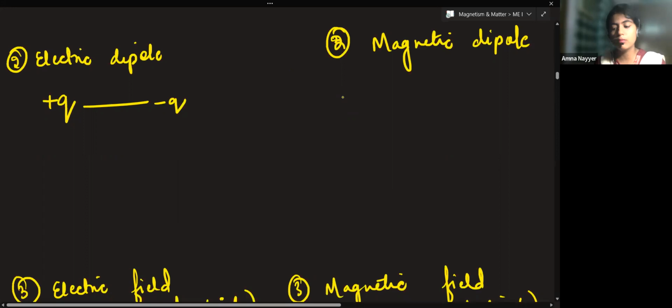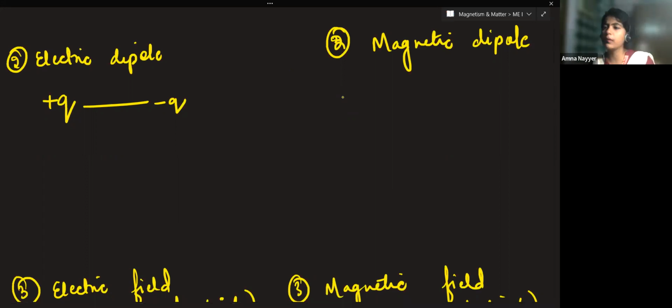Plus 2 coulomb, so minus 2 coulomb. Plus 3 coulomb, so minus 3 coulomb. Minus 3 coulomb and minus 3 coulomb cannot make your dipole. Plus 2 coulomb and plus 2 coulomb cannot make your dipole. So plus Q and minus Q. If it's minus 3 microcoulomb, then plus 3 microcoulomb. That makes your electric dipole.